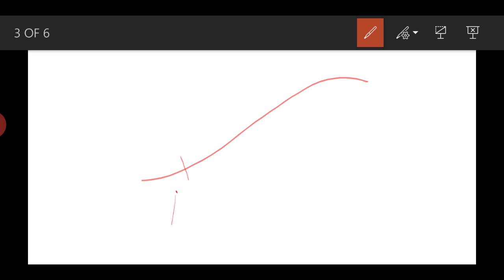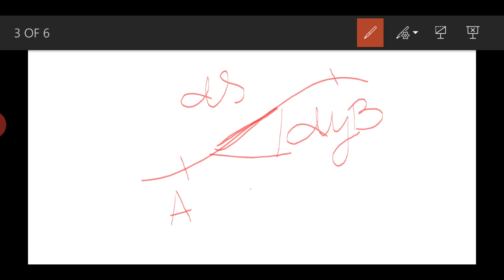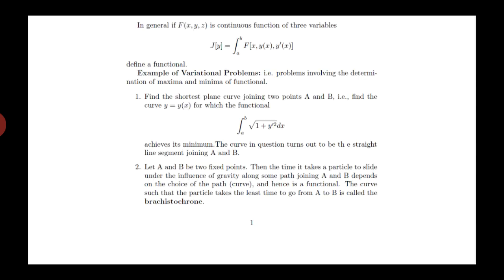You take two points, this is A, this is B, then this length, that is ds. This is my dy, this is my dx, then ds is given by the square root of dy square plus dx square, and then you can reduce it to the form of the integration of the square root of 1 plus y prime square into dx.